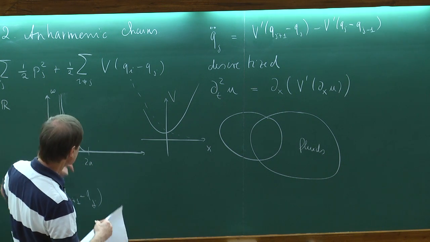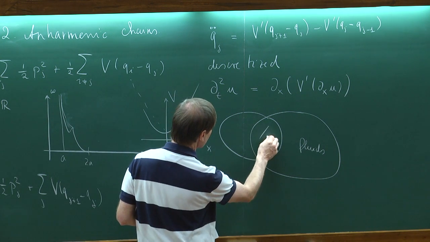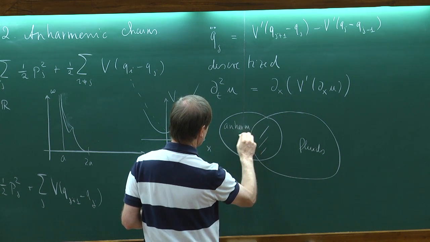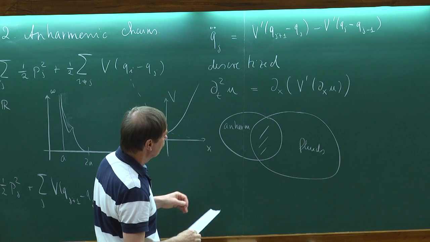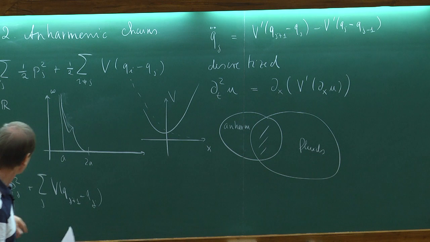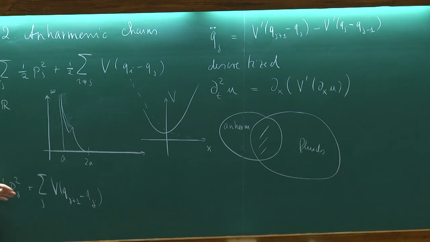Then you have this special type of potentials which have an overlap. And here you have the anharmonic chains. Okay? And I will continue to forget about the fluids, and will work in the class of anharmonic chains. So my Hamiltonian for the rest of these lectures will be always exactly of this type.